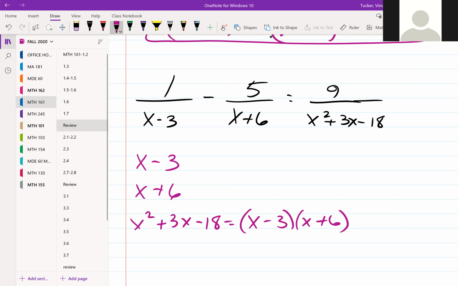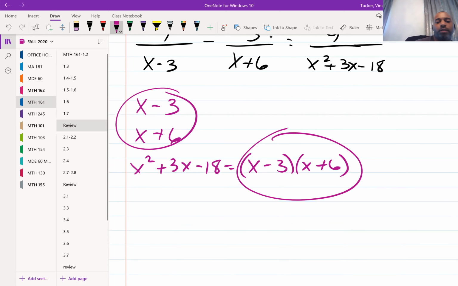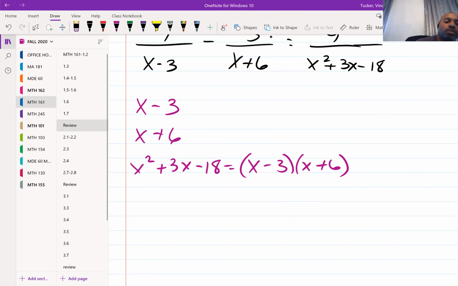All right. So we will set each one of them equal to 0. We don't have to do the last one if we do both of these, because they're the same expressions. So if you set it equal to 0, solve for x.